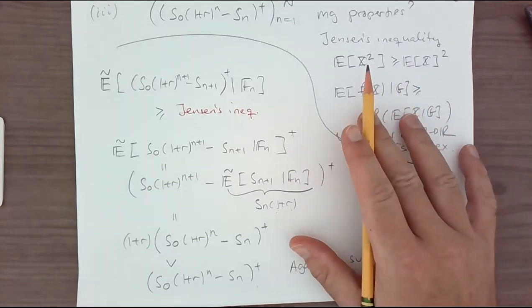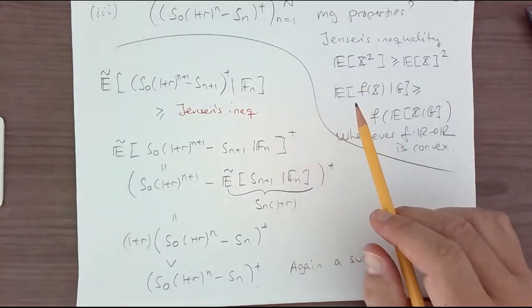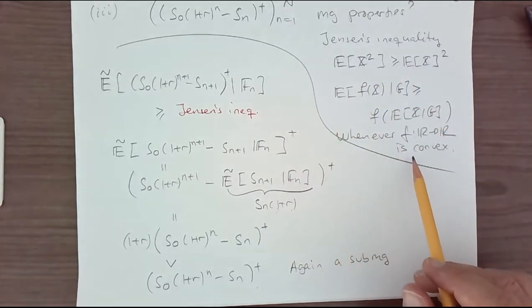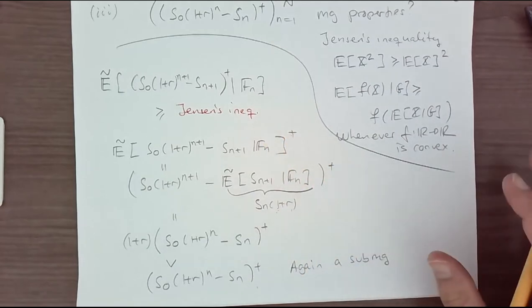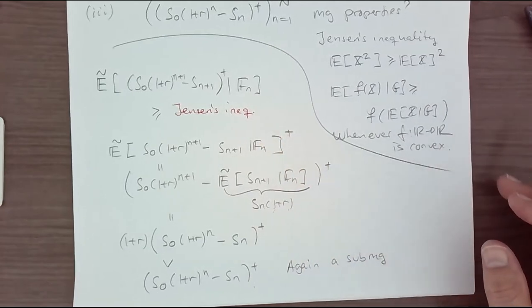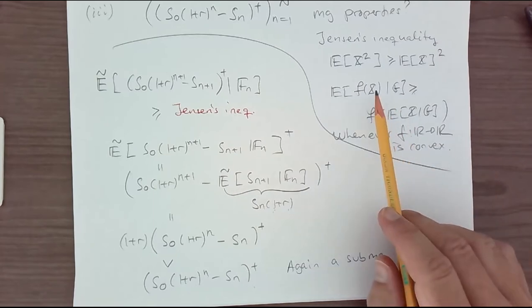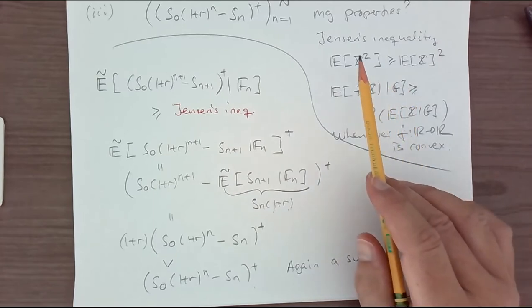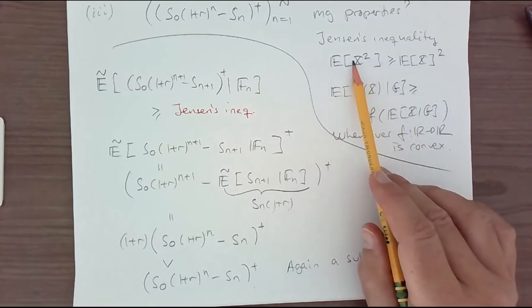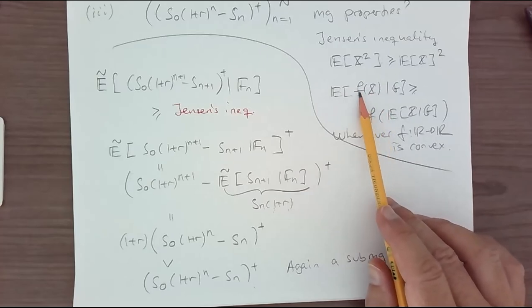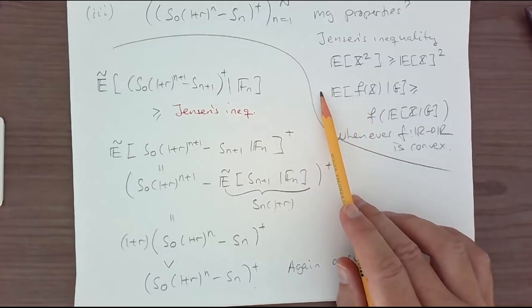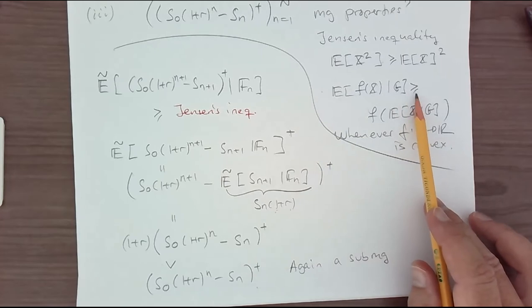So remember, it is an inequality. When you have a function that has convexity in it, so a square function, exponential function, the plus function, all these functions here are convex. When you have a convex function, there's a way to relate the expectation when the convex function is on the inside with what happens when you move the convex function to the outside. And there's an inequality that you get.